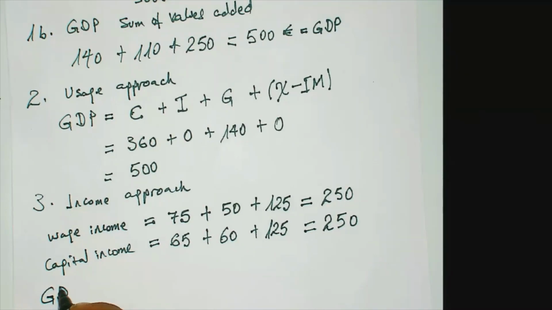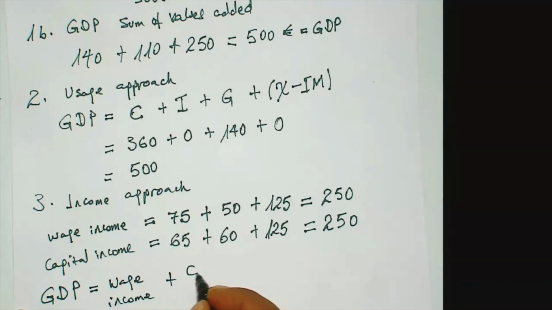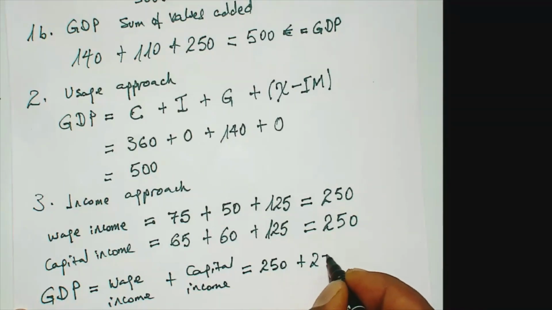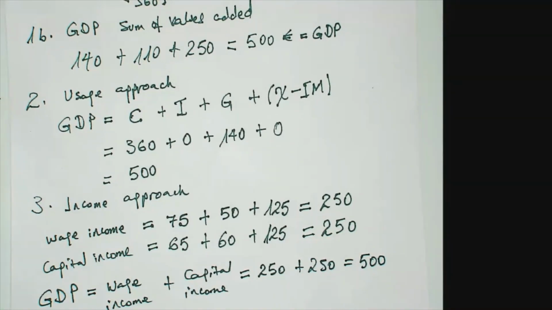So GDP with the income approach is the aggregate of wage income plus capital income. This is to say 250 plus 250, giving us 500 as a total value of our GDP.